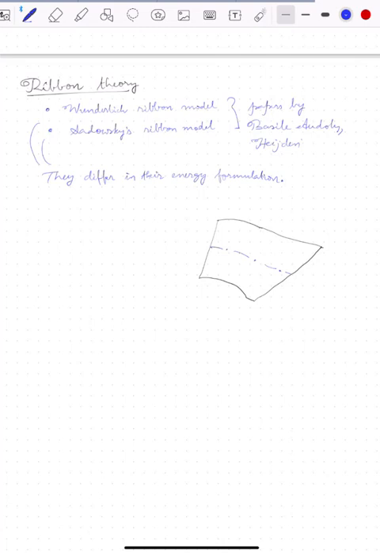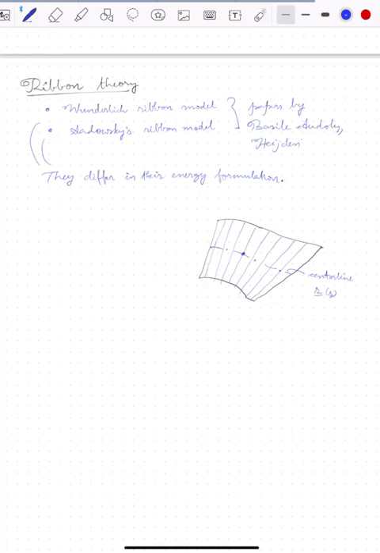Say we have the center line, and then they are ruled surfaces, right? So they are ruled surfaces. Okay. And then consider this, and this is our center line as usual. It is denoted as r vector of s, right?